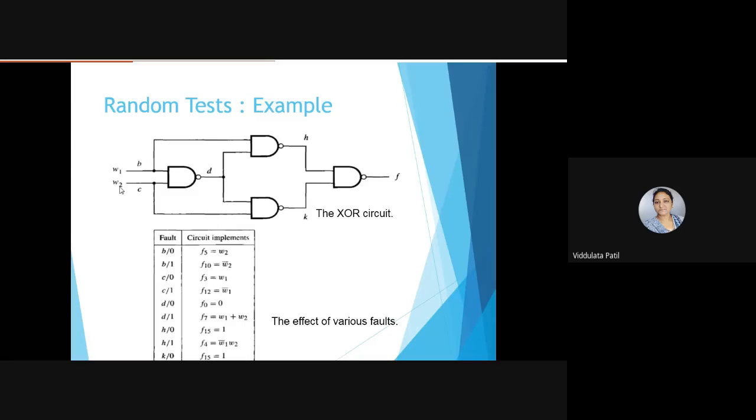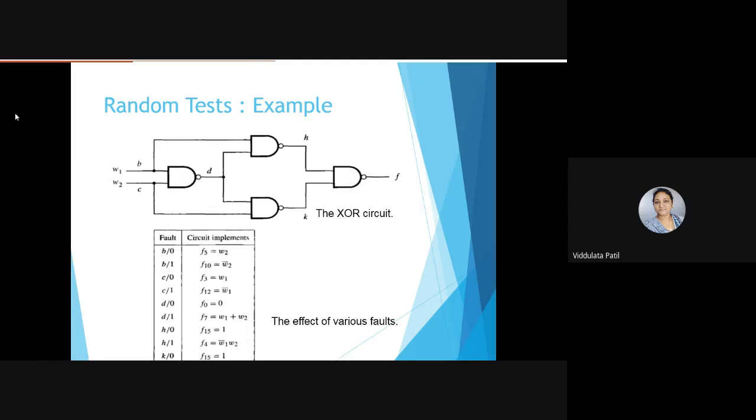So with this input condition, we can test the output result, and from that we can decide whether the circuit is faulty or not. Okay. So similarly, we can go with different combinations, and then we can check whether there is a fault or not.